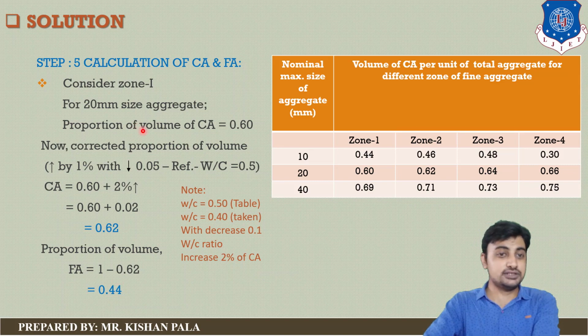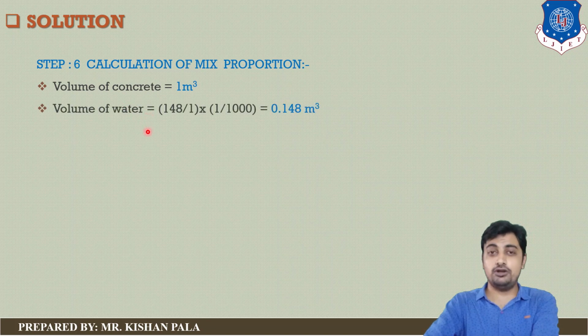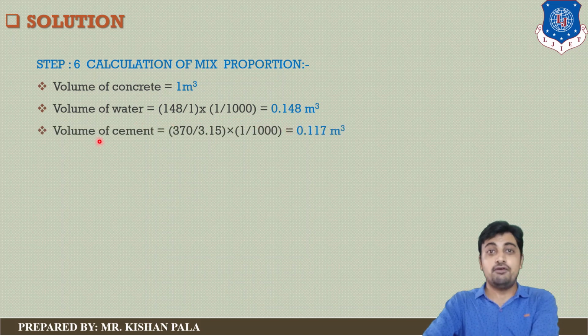So after the calculation with the correction of the coarse aggregate and fine aggregate, now you have to finalize the mix proportion. As we know, we are doing mix design for 1 meter cube and the volume of water we have taken is 148, and we can easily calculate the volume of cement, which is 370 kilogram divided by specific gravity of cement.